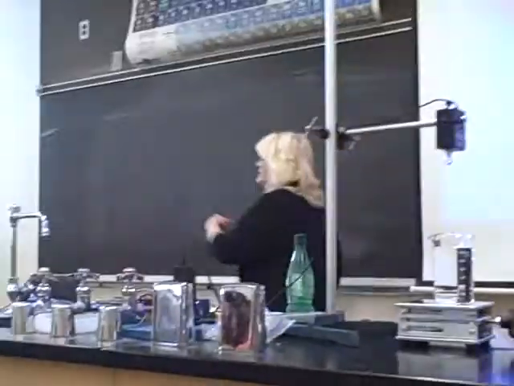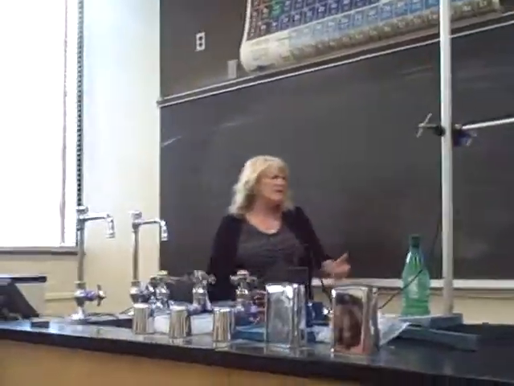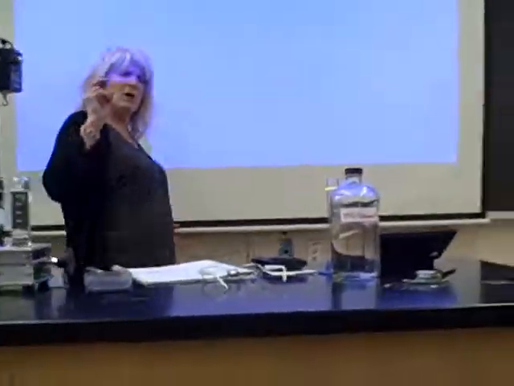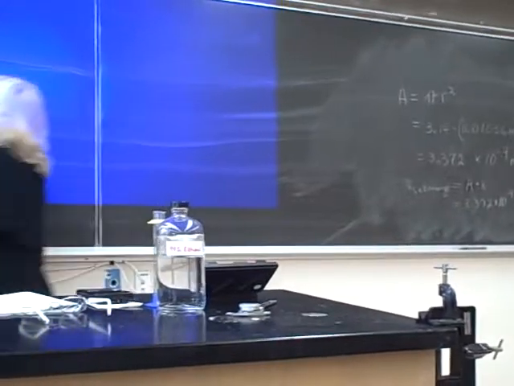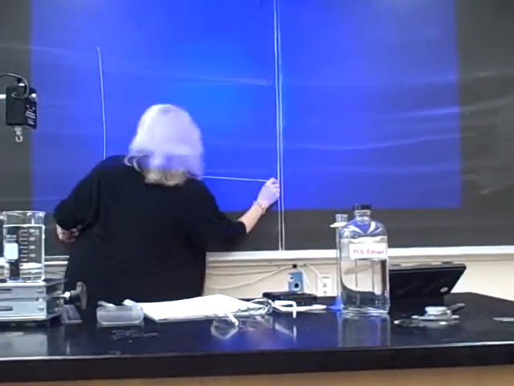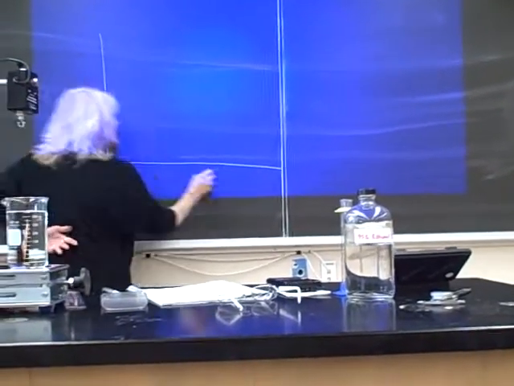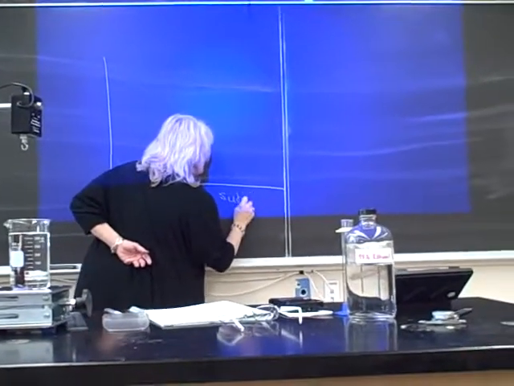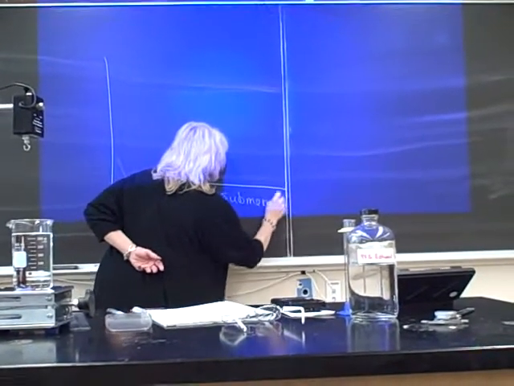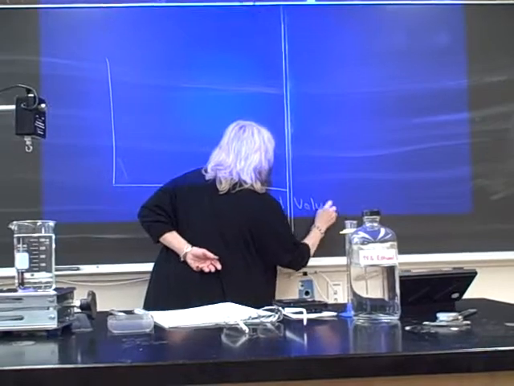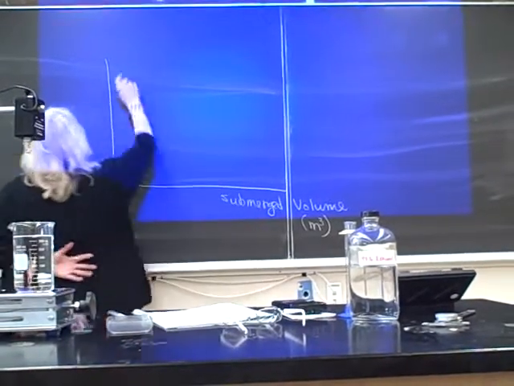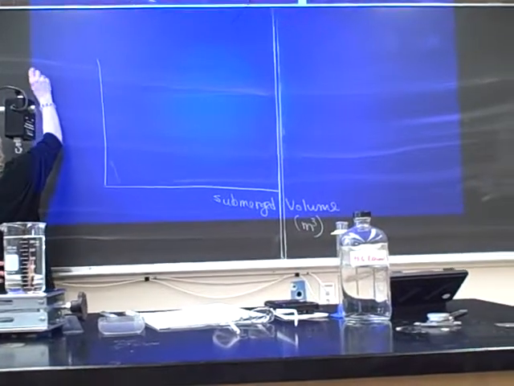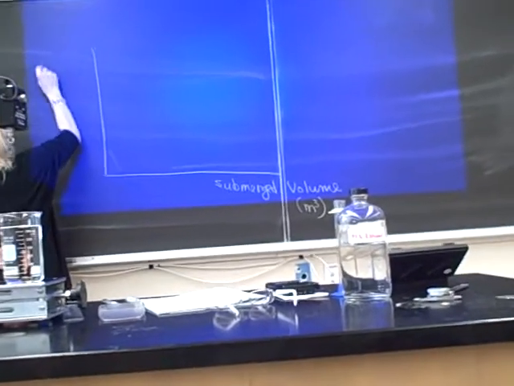Now, what you're going to do is make a graph on Logger Pro, and you can actually put both graphs on the same grid if you want. You're going to make a graph of submerged volume in cubic meters on the x-axis, and on the y-axis, apparent weight.